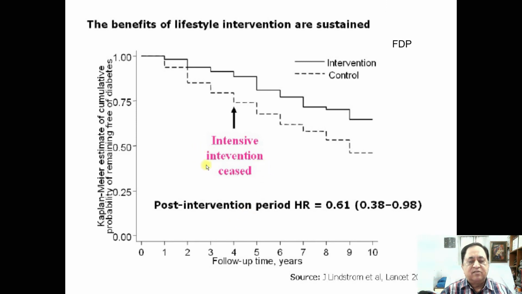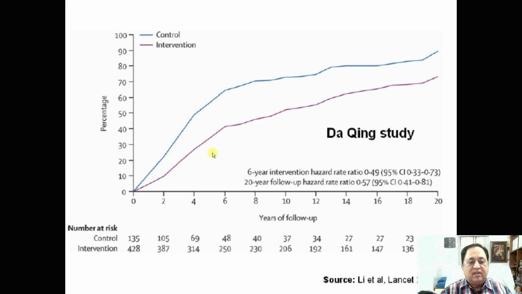Similarly, in the intensive intervention case in the Finnish Diabetes Prevention Study, you can clearly see the lifestyle interventions were better, and they gave us better results, and of course they were sustained over a period of time. In the Da Qing study also, over a period of 20 years, once the curve separated, the two groups remained separated in terms of events which were monitored in that particular trial.